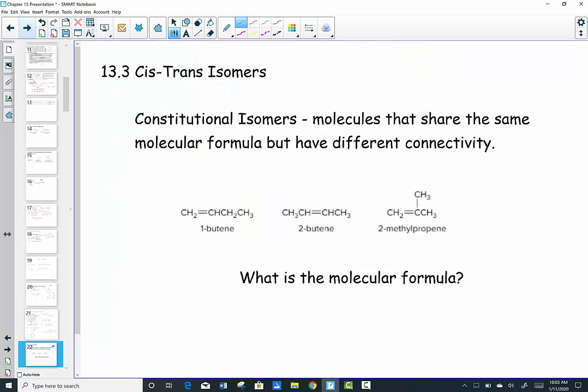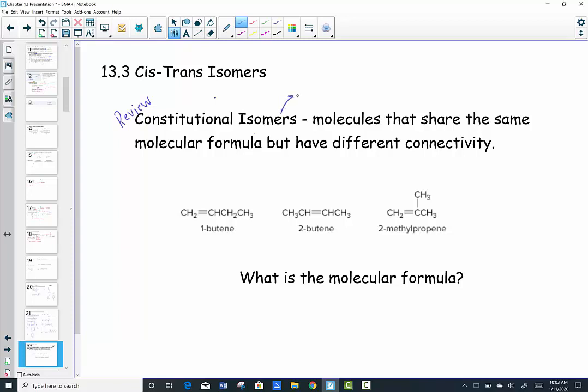In our next section, I want to talk about another type of isomer called a stereoisomer, specifically a cis-trans configuration. Now let me review from our previous vocabulary word. This is a word we've said already called a constitutional isomer. Remember that these are molecules that share the same molecular formula but have a different connectivity.